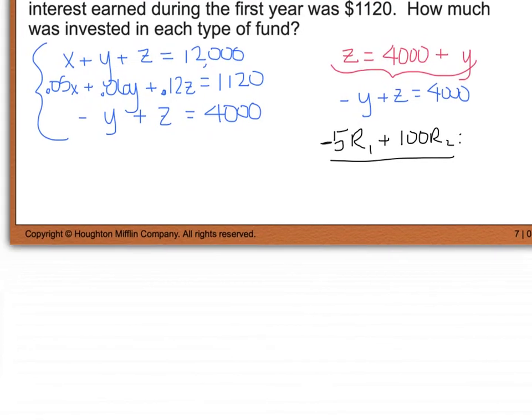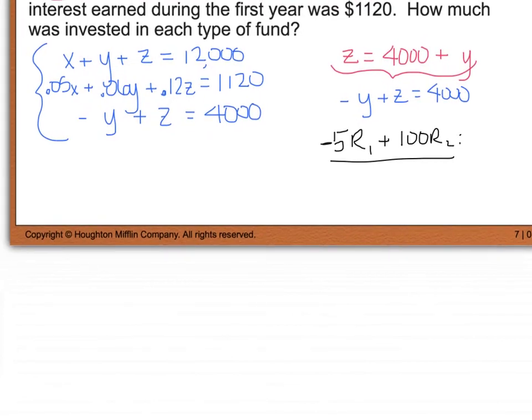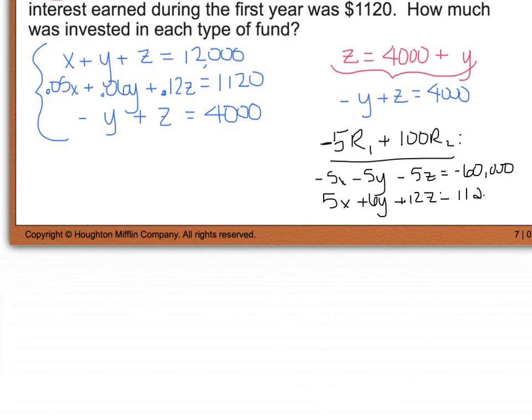So when I do this, what I end up with is negative 5x minus 5y minus 5z equals, and this is going to give you a large number, negative 60,000. And I'm going to add that to 5x plus 6y plus 12z equals $112,000.